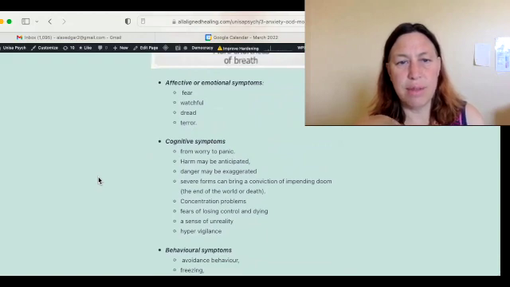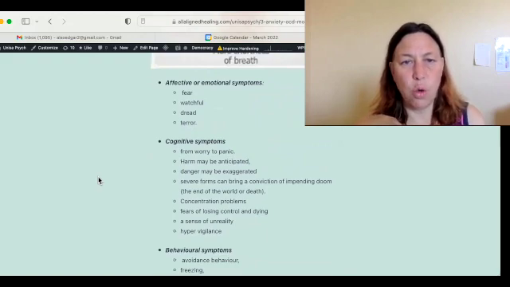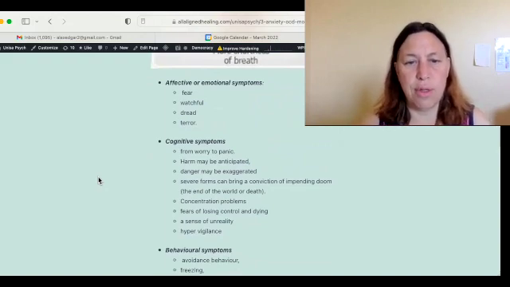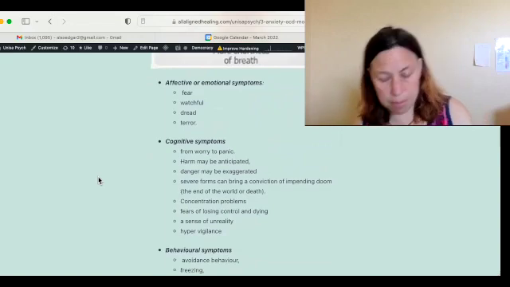Emotions are feelings such as fear, watchfulness, dread, or terror. Cognition are thoughts such as anticipating harm, a feeling that you're going to die, concentration problems, a sense of unreality, and hypervigilance.